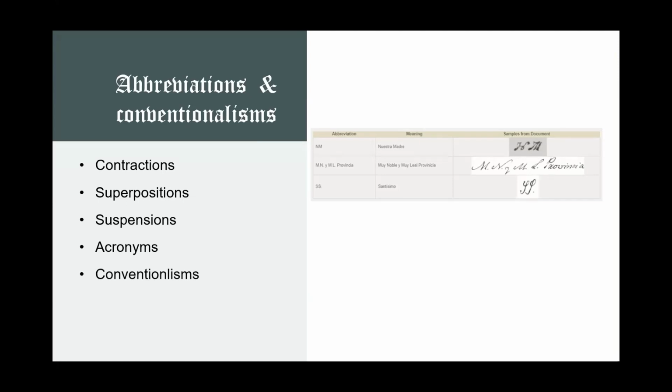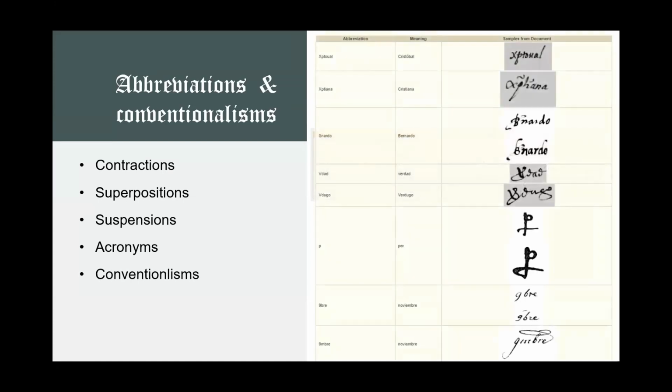And then we also come into conventionalisms, and these ones just have to be memorized. A lot of these come from Latin abbreviations. So for example, if you find an X at the start of a word, that usually stands in for a cross, meaning Christ. For example, the first example, Xtobal, means Cristobal.